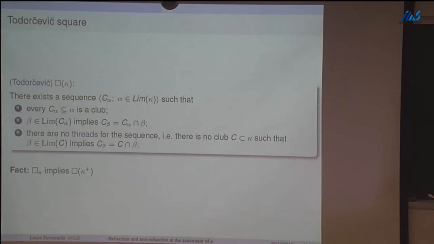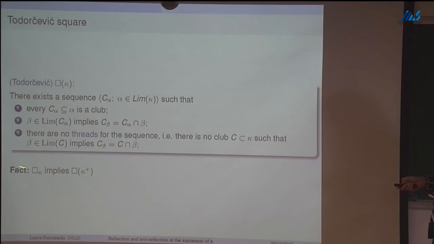But this time, instead of requiring the C alpha to have order type less than kappa, we have the condition that there are no threads to the sequence, namely, there is no club C in kappa such that for every limit point beta of C, C intersection beta equals C beta. In other words, there is no way to extend the sequence to kappa. So this is square parenthesis kappa, and this is a weak version of Jensen square.